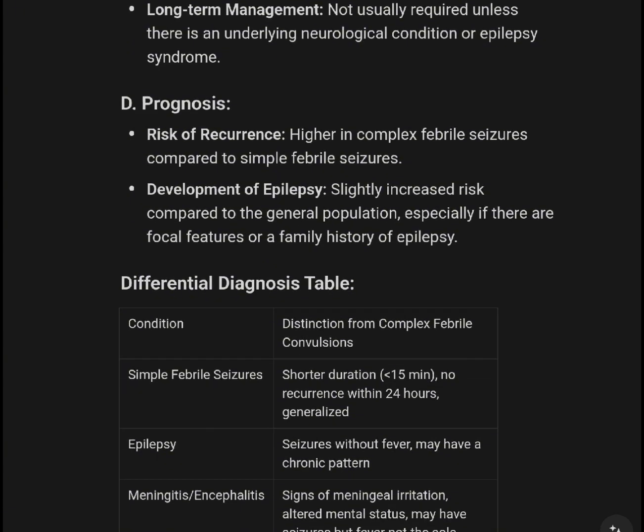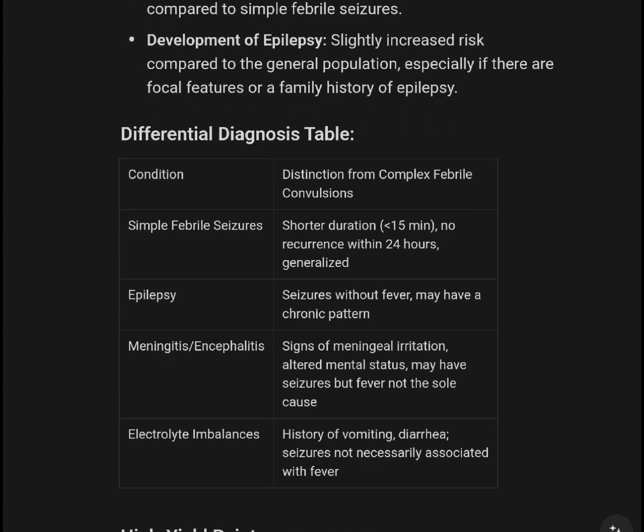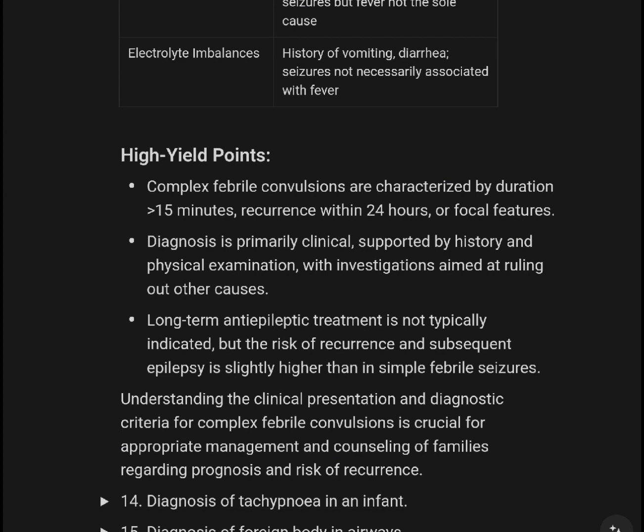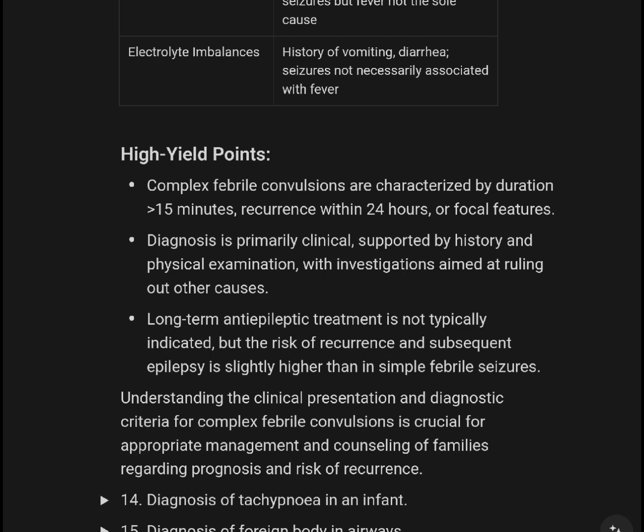Prognosis: risk of recurrence and developing epilepsy. High-yield points: complex febrile convulsions are characterized by duration over 15 minutes, recurrence within 24 hours, or focal features. Diagnosis is primarily clinical, supported by history and physical examination, with investigations aimed at ruling out other causes. Long-term anti-epileptic treatment is not typically indicated.